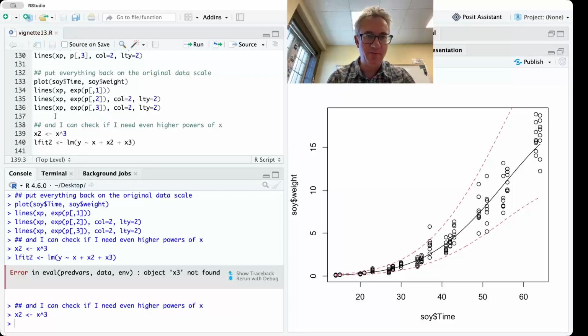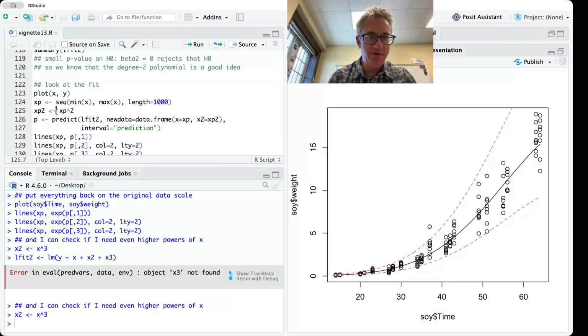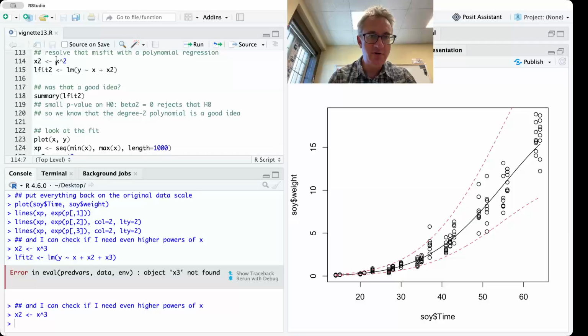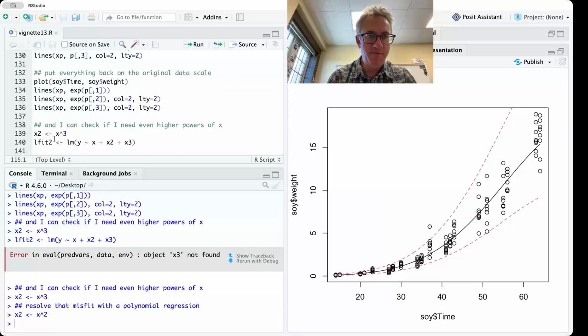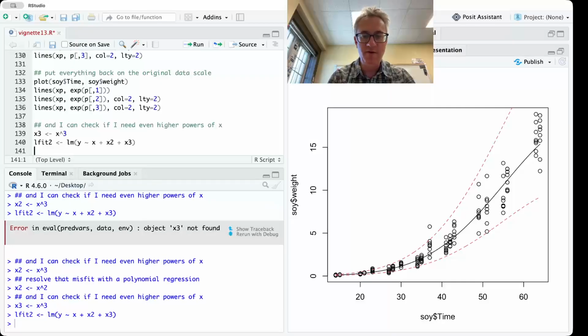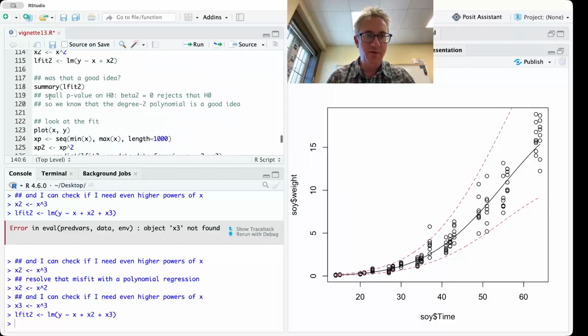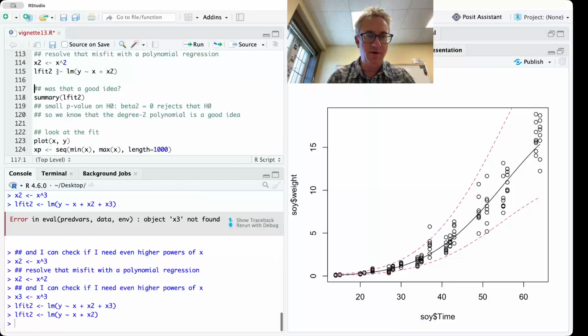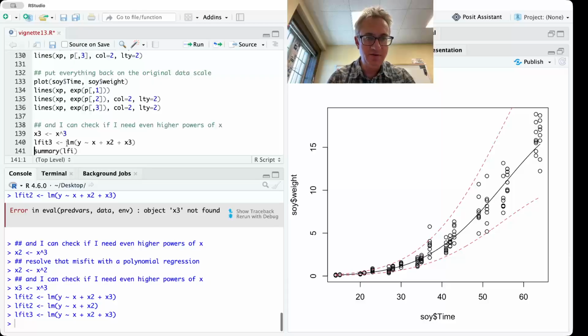I've got all sorts of typos. Better go back and make sure that x2 is what it's supposed to be, and that x3, and then I can do the fit, and then I can do summary of lfit. I should call that lfit3. And I should probably make sure that I rerun that as well. So lfit3 has the cubic.